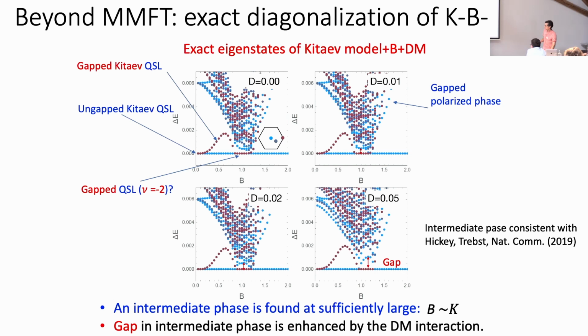The other point is that with this Jaruzelski-Moriya interaction, we find that although the gap is very small for no Jaruzelski-Moriya, as we increase it, we increase the gap in this intermediate phase.